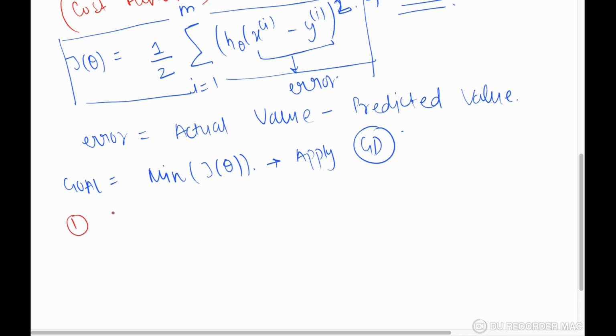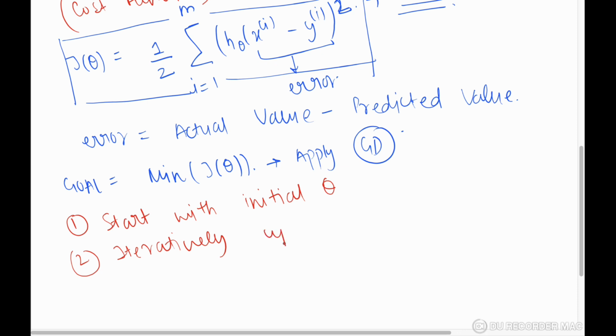What is the basic step we do? We will start with an initial value of theta, that is a parameter, and then iteratively update our theta till we reach the global minima.